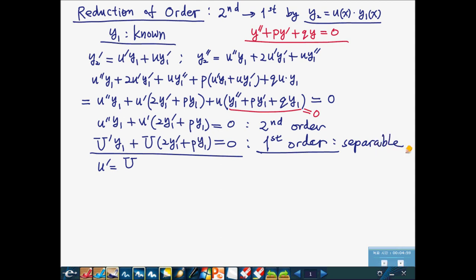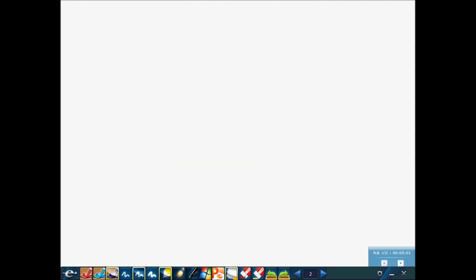And we are solving that first order separable equation using this. So dU over big U equals minus 2y1 prime over y1 plus p dx. Okay? Yeah, it's separable.